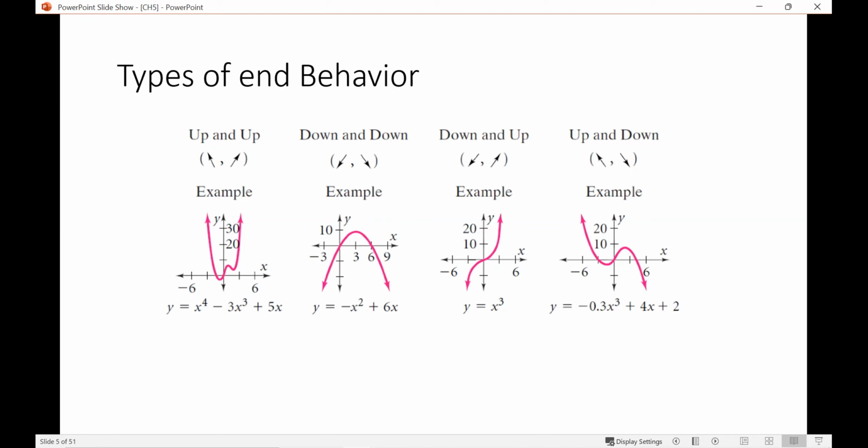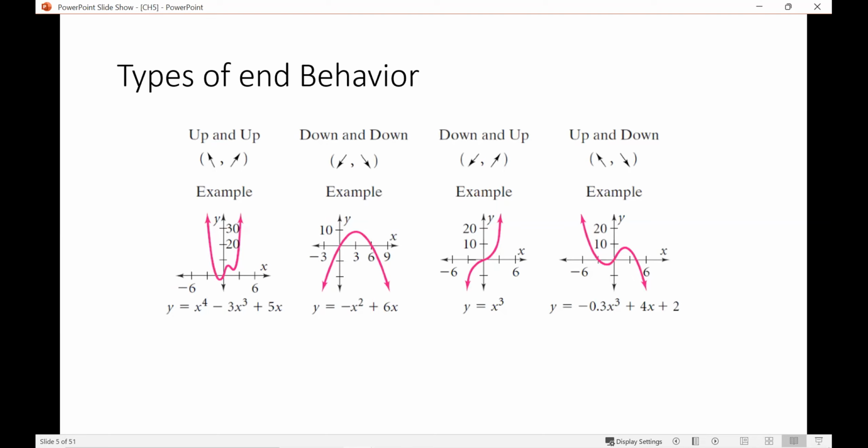We can go down towards negative infinity on both sides, or one side, say as x goes to positive infinity, could also go to positive infinity, and the other side could go to negative infinity, or vice versa. So these are the 4 types of end behavior that we're going to see.